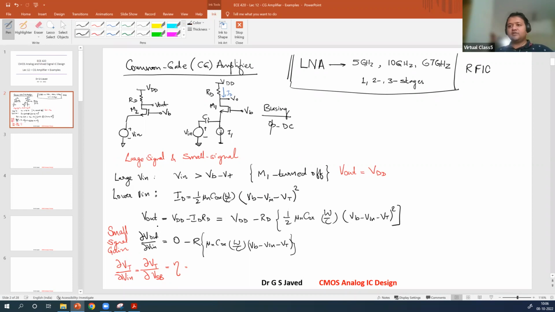Now, this is one factor. Another factor that you have is, what is Vout? So this delta Vout by Vin is given as delta Vt by Vin when you resubstitute. This will be Vb minus Vin minus Vt times eta Rd. You have to multiply both factors.